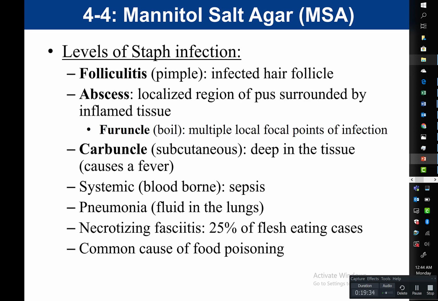The remainder is typically going to be streptococcus, which we will talk about later, Streptococcus pyogenes, for example. But staph can also cause necrotizing fasciitis, as well as it is the common cause of food poisoning. And so people don't often think about staph as being a cause of food poisoning, but in fact it actually is. So it also can lead to food poisoning or foodborne illness.